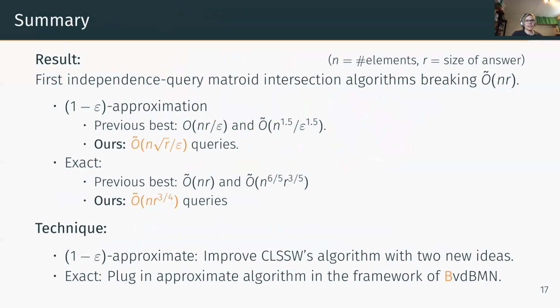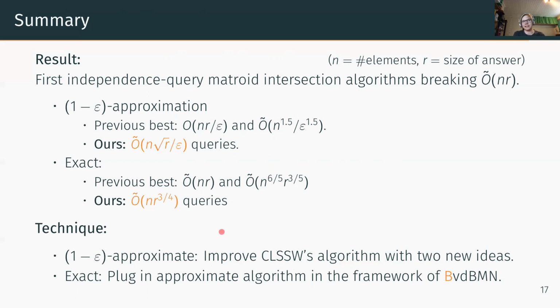So let's just look at the summary again, what our paper shows. We give the first independence query method algorithms, breaking this o(NR) bound, both for the approximate and exact case. And our algorithms break the NR bound for the full range of R, as well as they are better than the previous state-of-the-art algorithms, even for the full range of N, R, and epsilon.